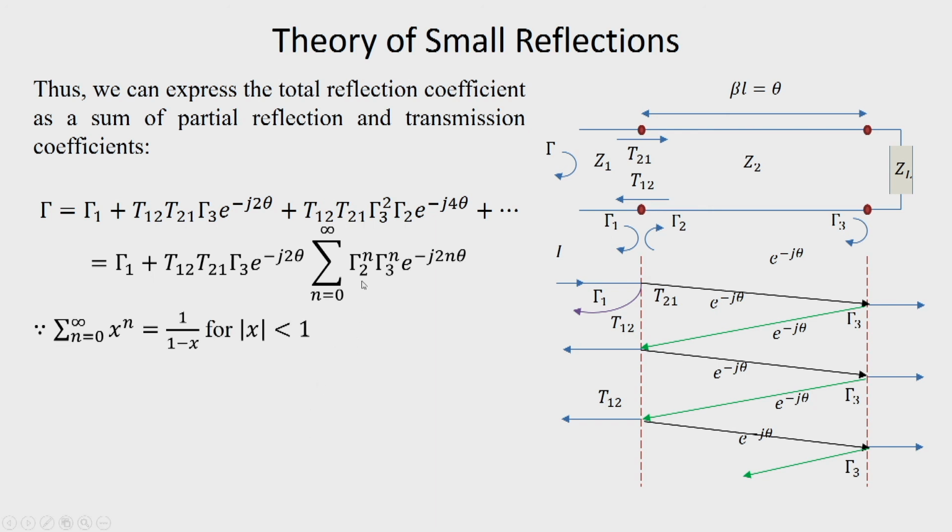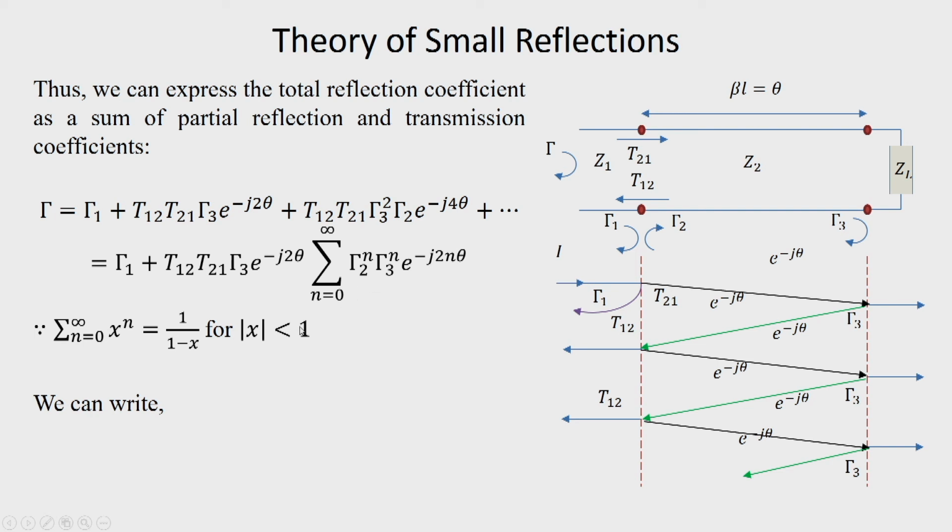It may be noted that since gamma 2, gamma 3, their reflection coefficient, their magnitude is less than 1, and we know that when we have a sum of x raised to the power n, where magnitude of x is less than 1, it can be expressed as sum of x to the power n, n tending to 0 to infinity, is equal to 1 by 1 minus x when mod of x is less than 1.